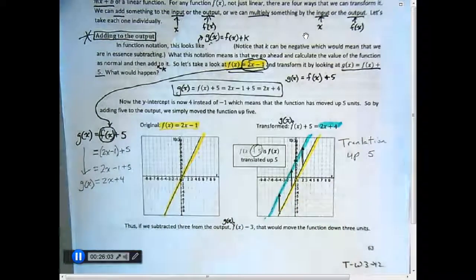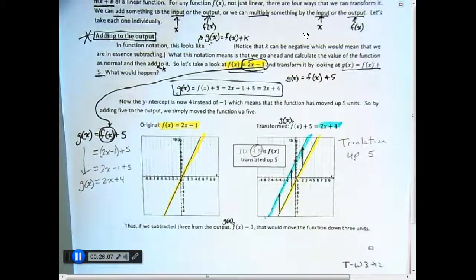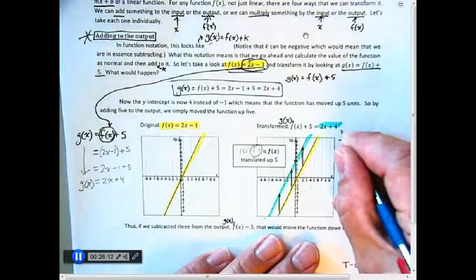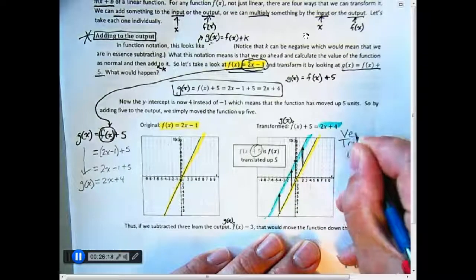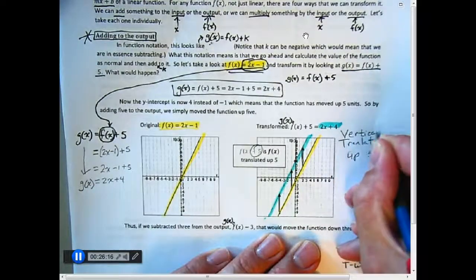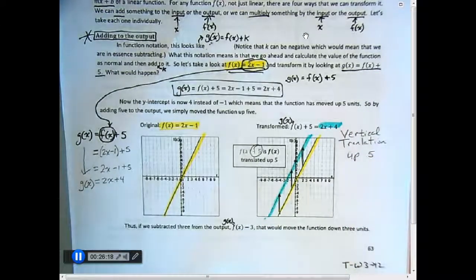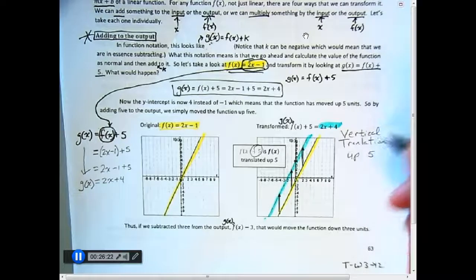Now, Mr. Vogel and I add a word to it, just so that we can make this a lot easier for you. Our textbook doesn't always do this, but we add the word in front of it, vertical. This is a vertical translation, up 5. Because at some point, if we're defining it as vertical here, what type of translation are we going to do? Horizontal. This is a vertical translation.